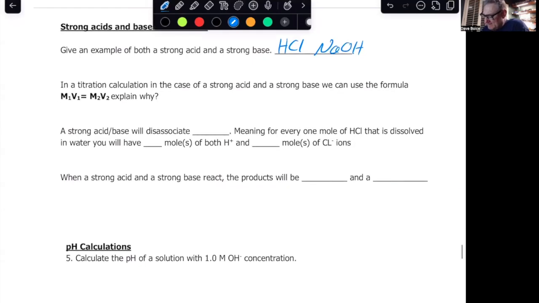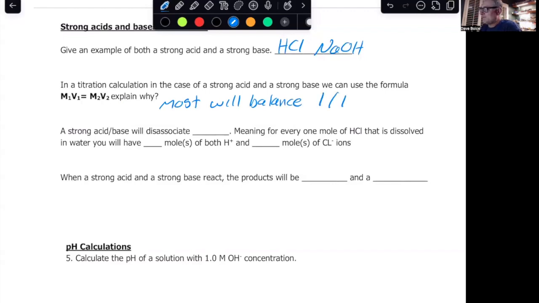So in the titration, in the case of a strong acid and a strong base, we can use the formula M1V1 equals M2V2. Now, let me point out that is actually in most cases, and the ones you're going to come across, we can. The reason for that is because most will balance 1 to 1.